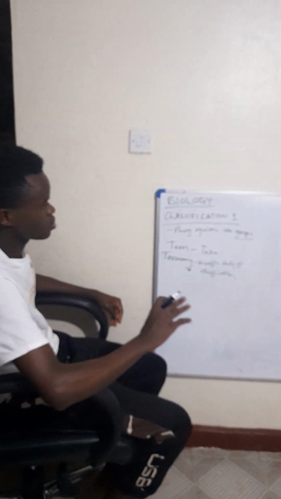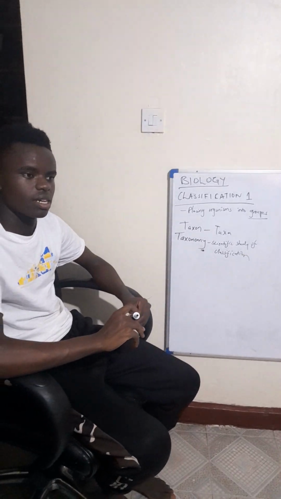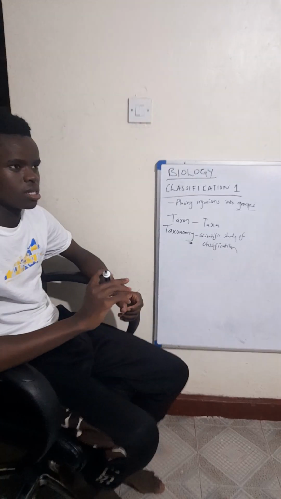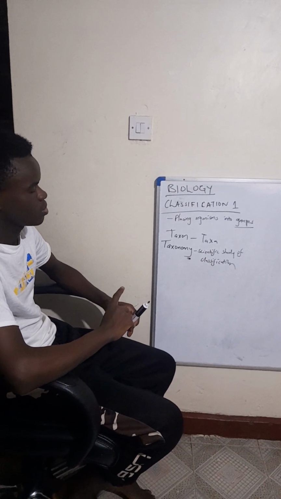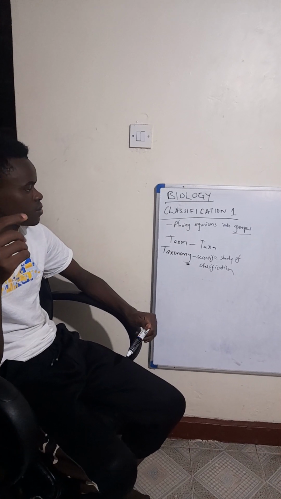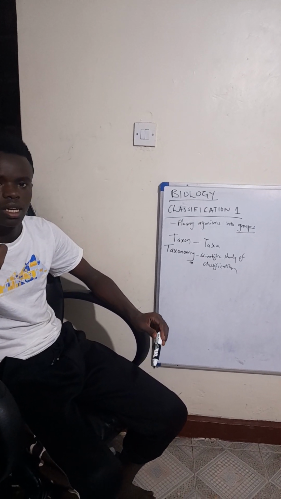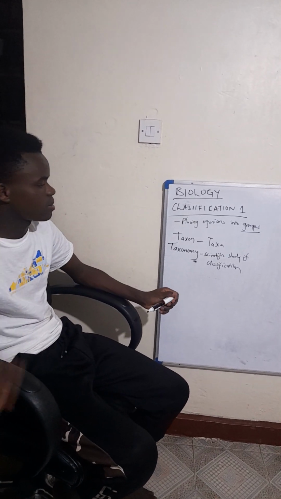And now we move on to a very important instrument we use in classification, and that's the magnifying lens. If you have not watched the other video, you can go watch it. In the introduction to biology, we touched on the magnifying lens. So what's a magnifying lens?